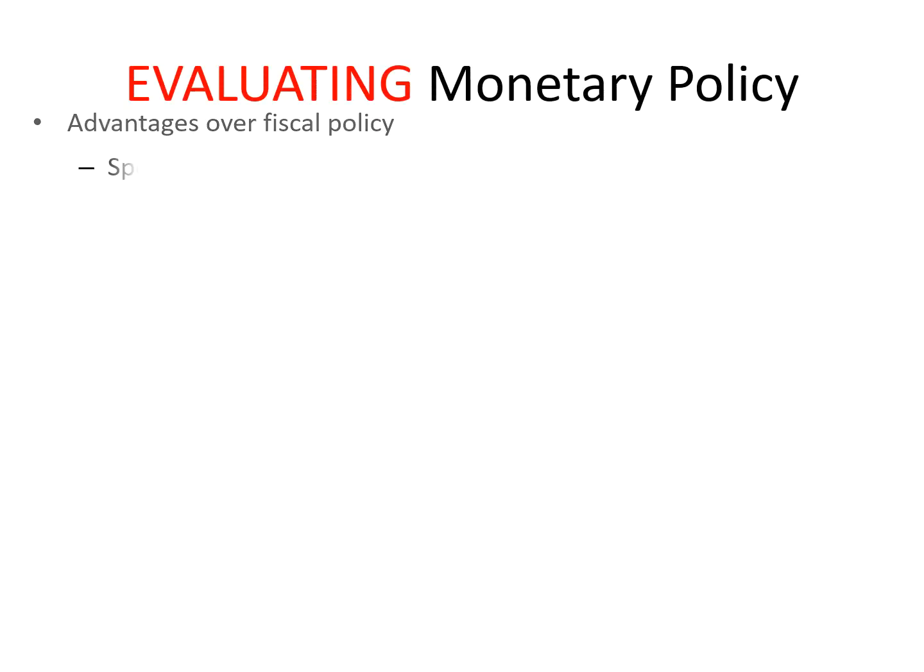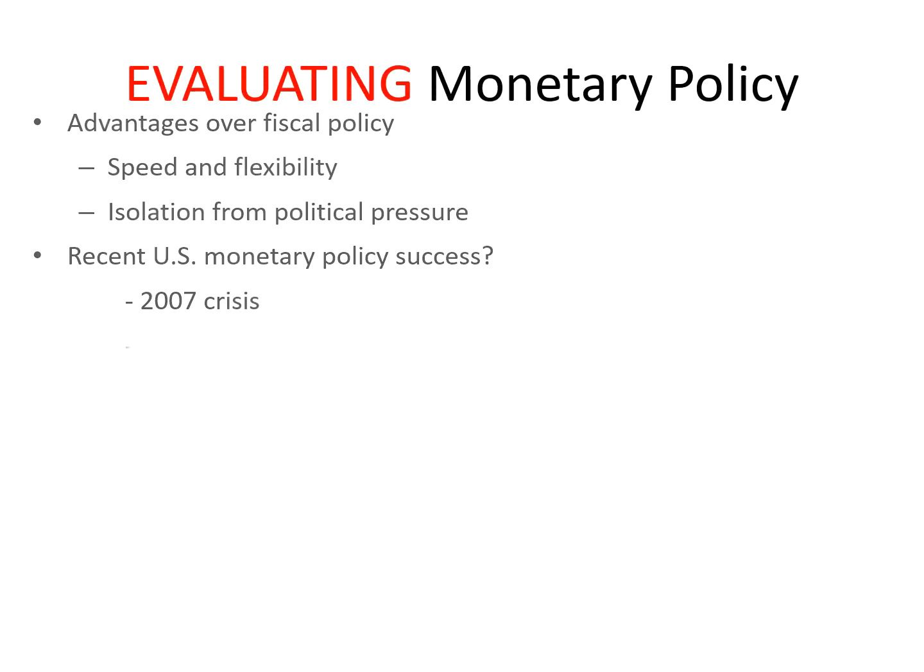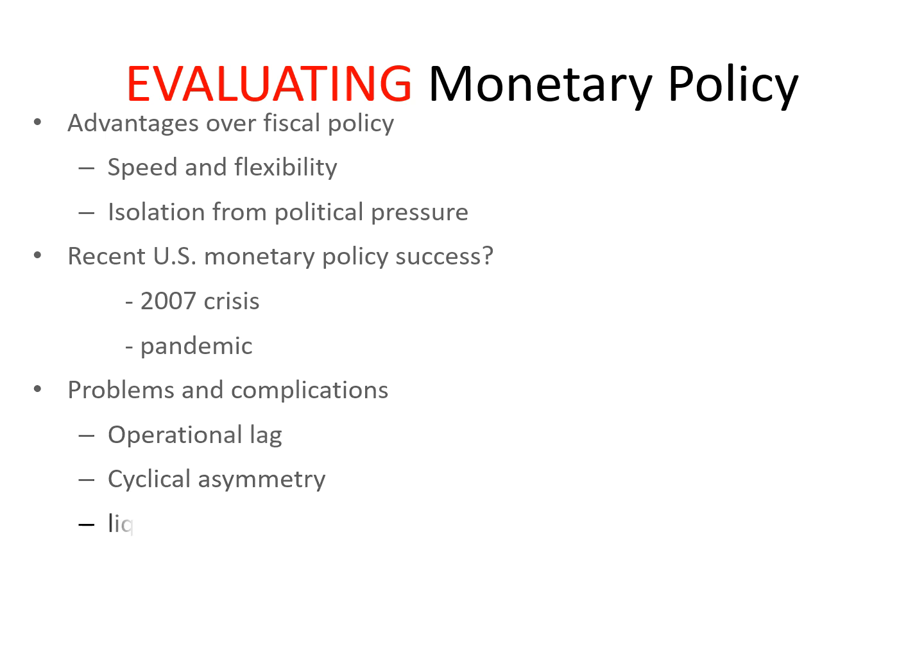A third criticism of monetary policy is referred to as the liquidity trap. A liquidity trap occurs when the Federal Reserve lowers interest rates to near zero, but instead of ultra low interest rates stimulating consumer spending and investment spending, households and businesses choose to hoard cash.